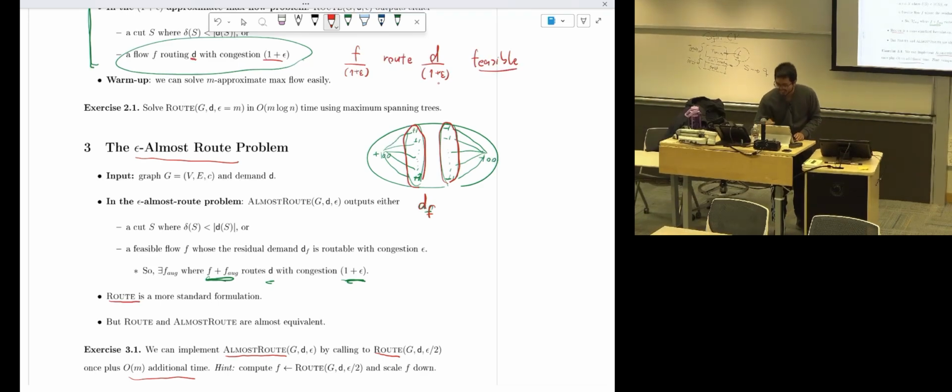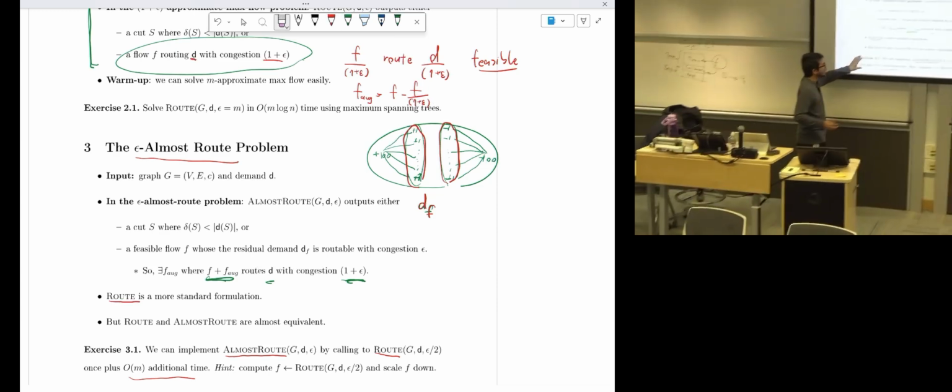Now, what would be F awk? F awk would be just F minus this thing, and F awk would have low congestion. Anyway, it's something like this.